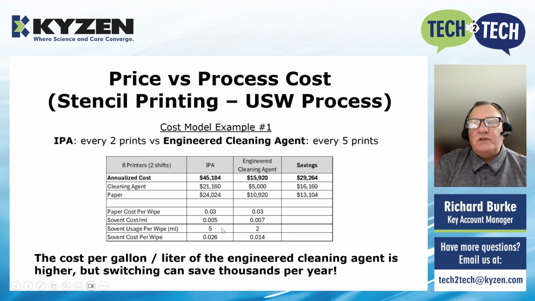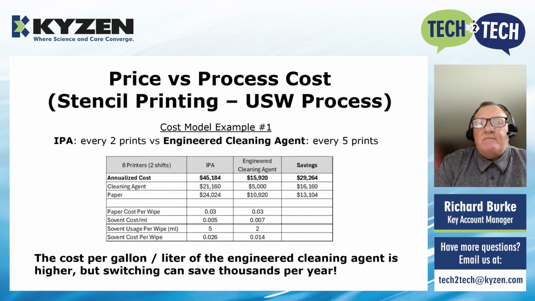But going back to the evaporation rate, it is much higher in IPA, and that means more material has to be applied to the paper to yield the result we're looking for. So you can see over 2 times the amount of material, and that equates to an increase in cost per wipe when we go to an IPA process as compared to an engineered cleaning agent.